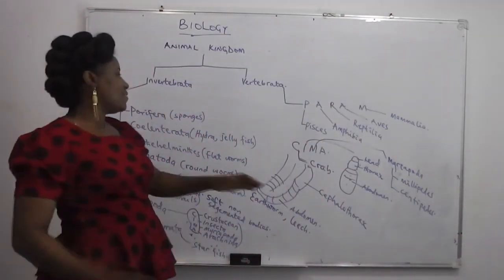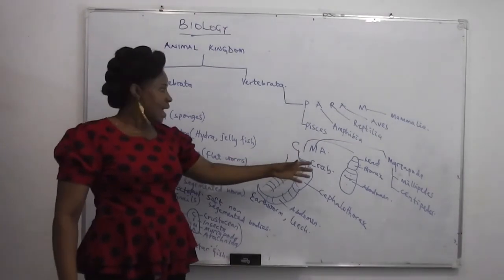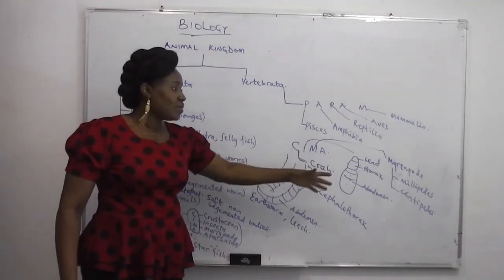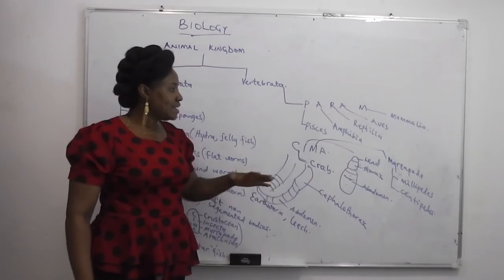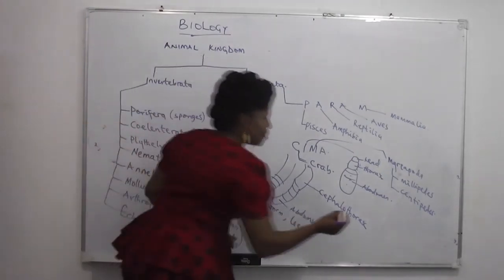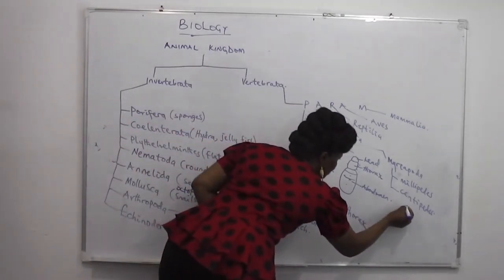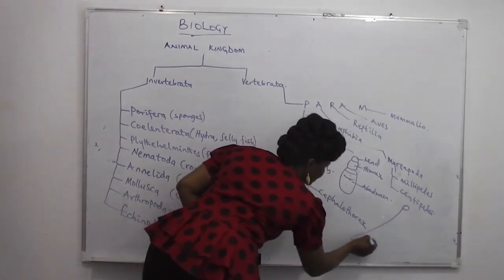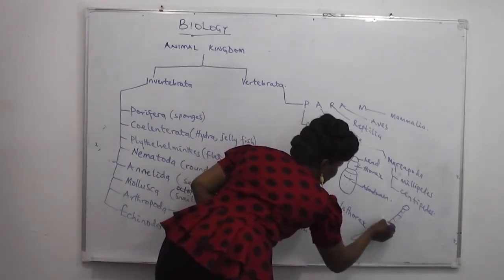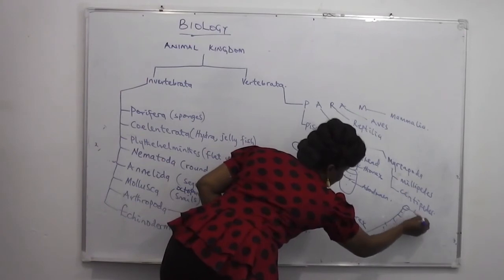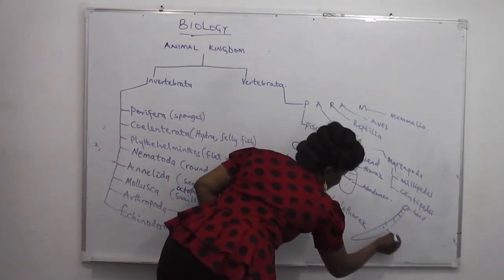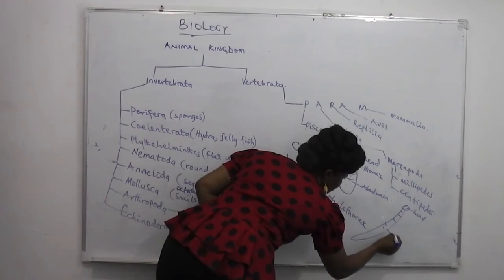These are different from both crustacean and insecta because their body is divided into only two segments. They have only a head and a long segmented body.